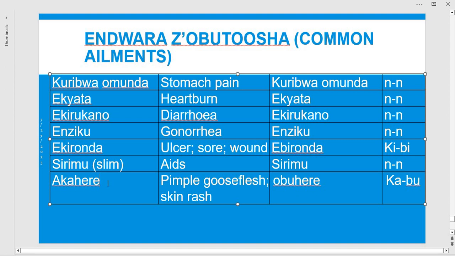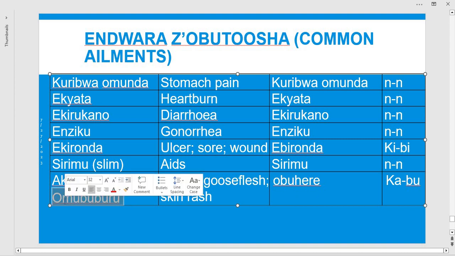Akahere is a small pimple. If a pimple is big, it is called omububuru. That's a big pimple.